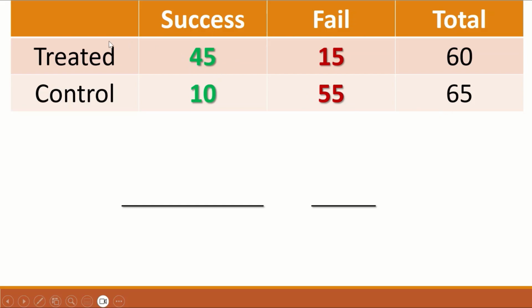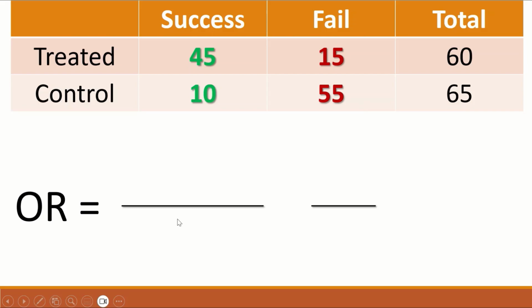So here for the treated group, the event happening is 45 and the event not happening is 15, and the same for the control: event occurring is 10, event not occurring is 55. So the odds for the treated is 45 divided by 15, and for the control is 10 divided by 55.